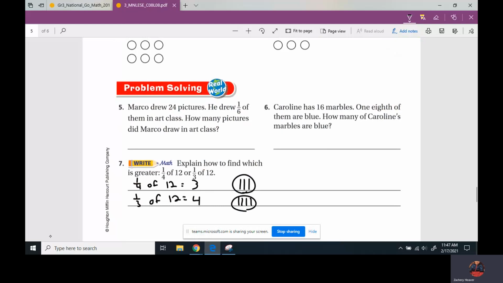So which is greater, 3 or 4? 4. I'm just gonna circle it. Greater. Okay? Pause it right here if you need to get that.